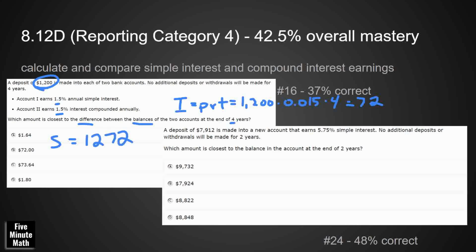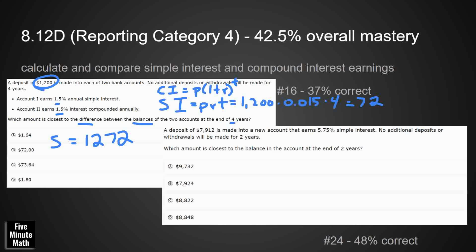So I'm going to put simple interest is going to be 1272. Now let's calculate our compounded interest, and that actually does use the principal and the interest. So when you get your answer on that, then you're actually good. So this is simple interest. So I'm going to put an S right here, and let's do compound interest. Okay, so compound interest is going to be, we've got our principal, we've got our 1 plus our rate, and then we take it to the t power.